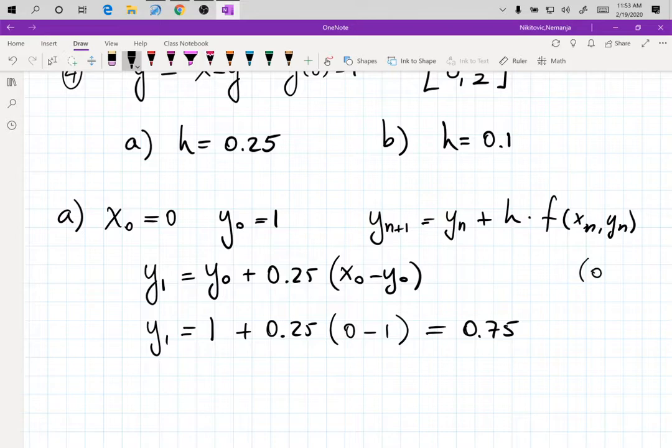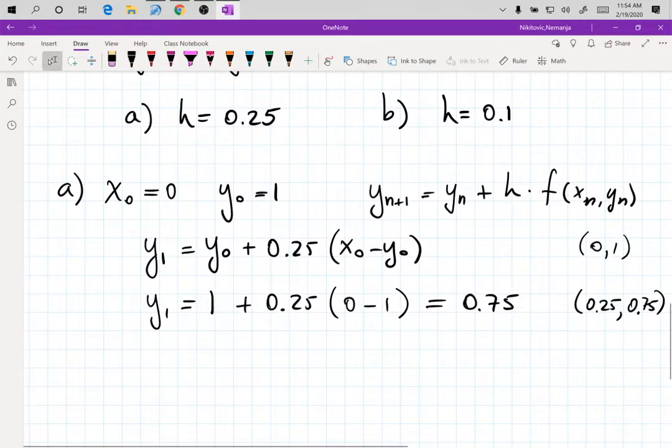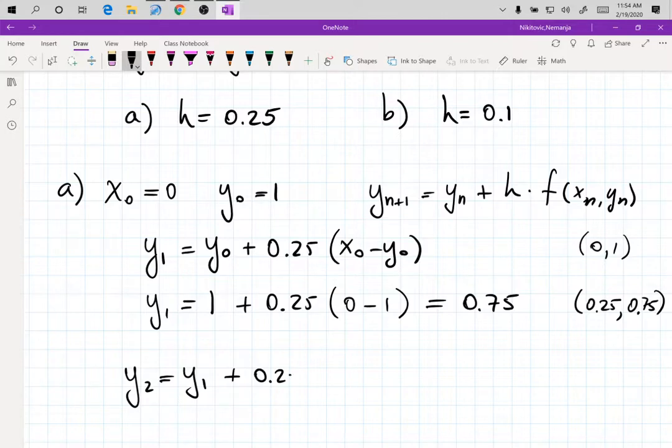My first point was 0, 1. My second point is what? Well, the step size h increased my x0, which was 0, to 0.25, and the calculation gave us that y1 is 0.75. Now we are ready, right, to solve the next stage. y2 is going to be y1 plus 0.25 times x1 minus y1. So all of the n values from the formula are now increased by 1.